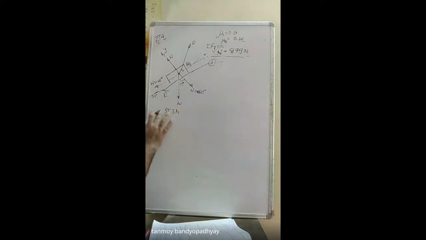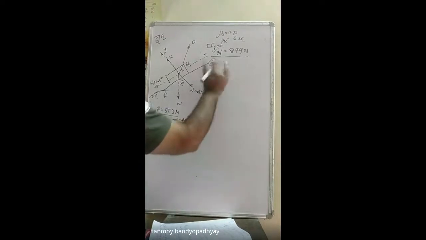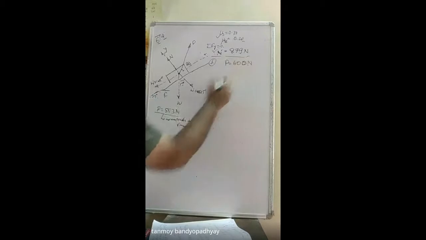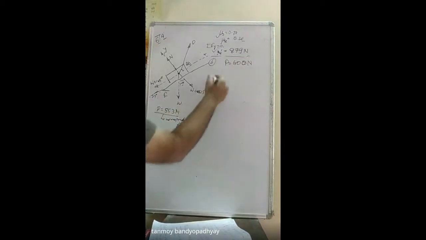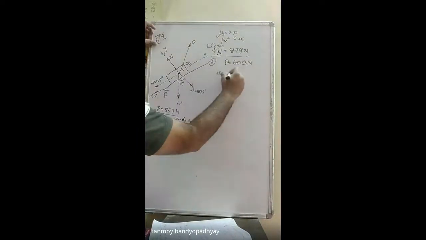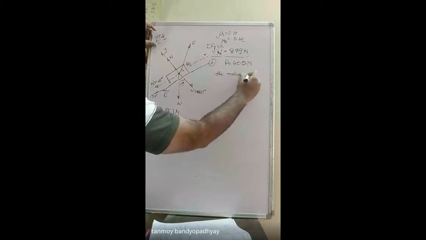So this is the P corresponding to F max. Since now P is equal to 600 newton, we have increased it from 553. So that is why this is a case where the motion has started.